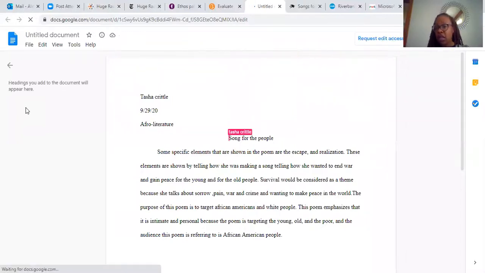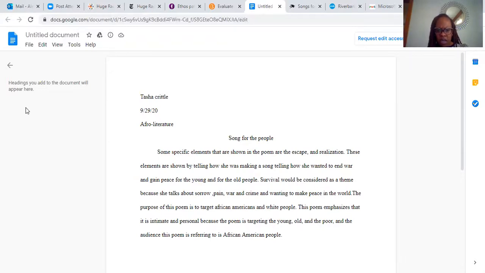Okay, good. I like this, Tasha. You pointed out specifically the elements you identified in the text. You identified escape and realization. I like that. You talked about how she wanted to end war. Again, I see that you all noticed that she opens up the poem by saying, this is not going to be about war. This is not going to be a battle cry type of song. That's not what I'm doing today.